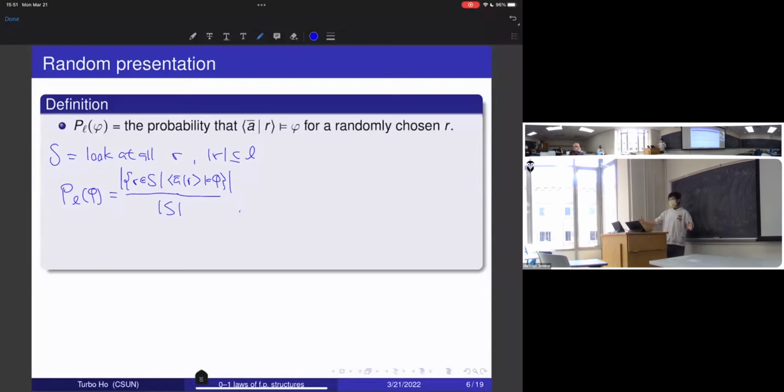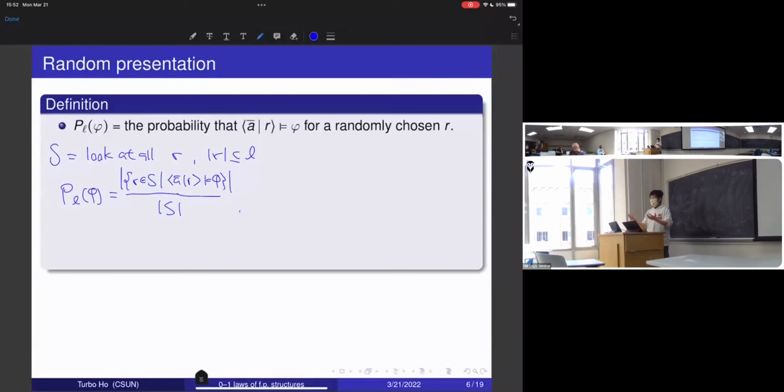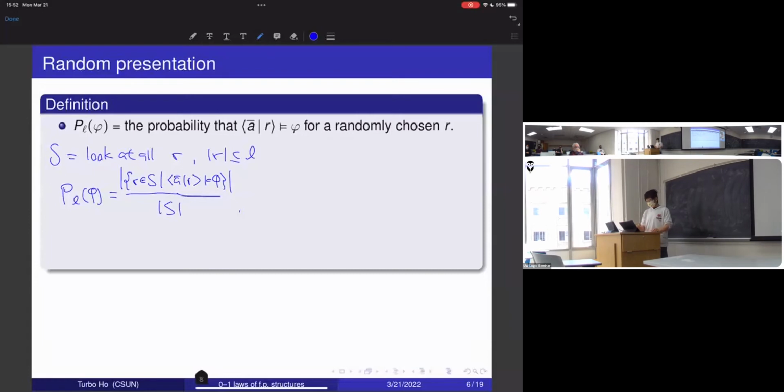You look at all the identities up to length L, and of course that's a finite number of identities. And then you just ask, okay, for which of these, when you take the quotient, will the corresponding quotient actually satisfy P? Right, so that's what this is. And this is actually exactly what Gromov did, but in the group case, up to rescaling the length a little bit. Okay, so this is what you do.